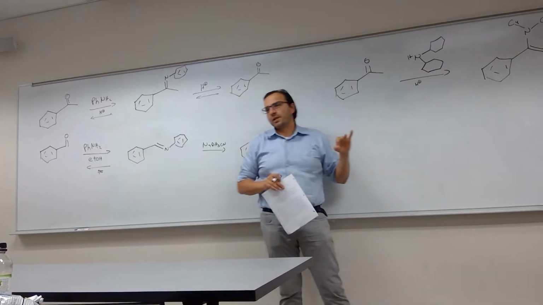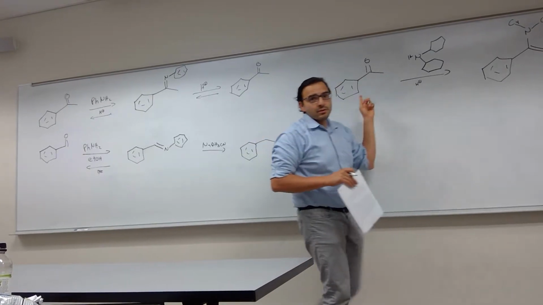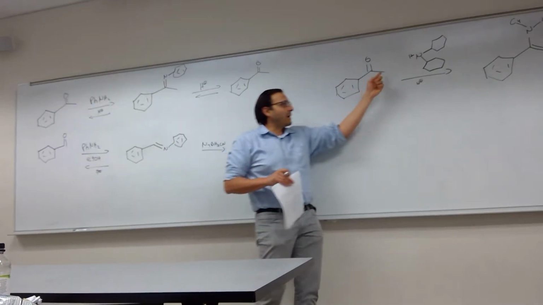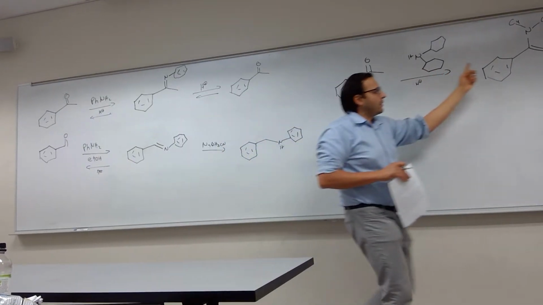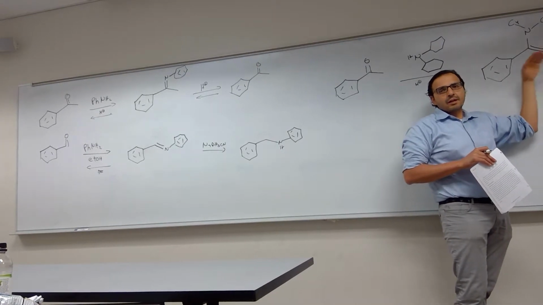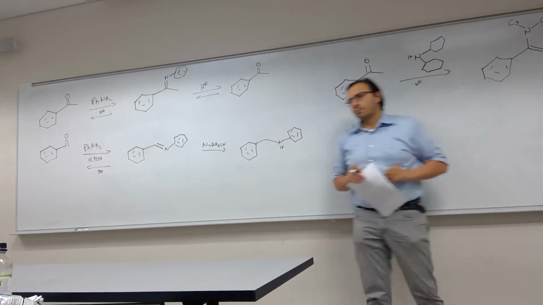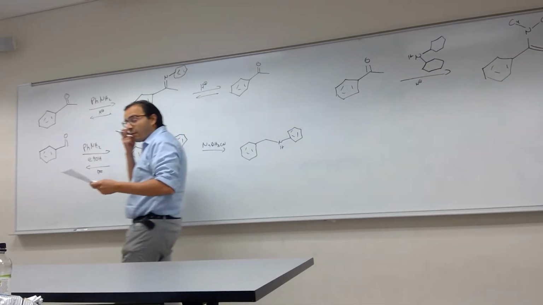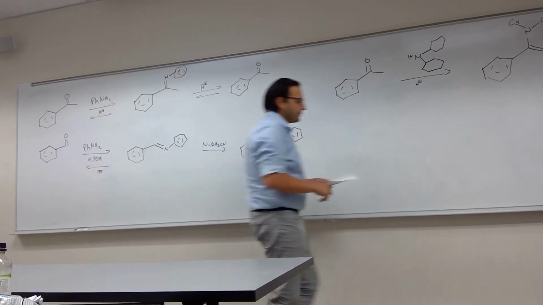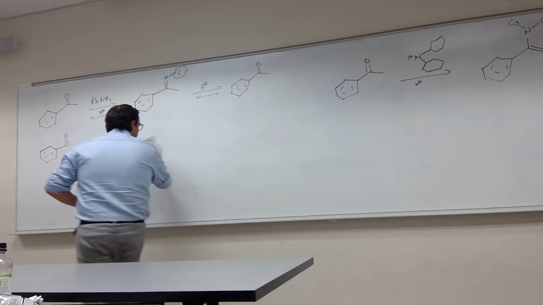So enamine formation can be used to do oftentimes very mild chemistry at the alpha carbon. So now you have a double bond here, which can be nucleophilic. There are some advantages for which you sometimes would want to use the formation of an enamine. Okay. So this will be useful.